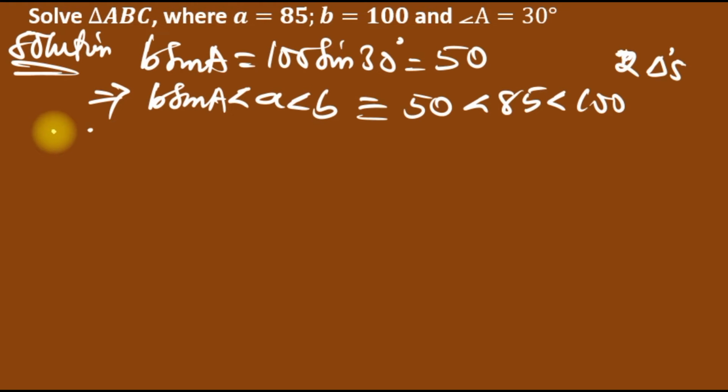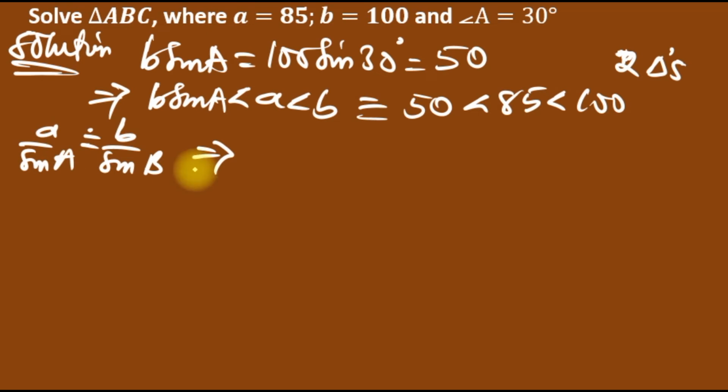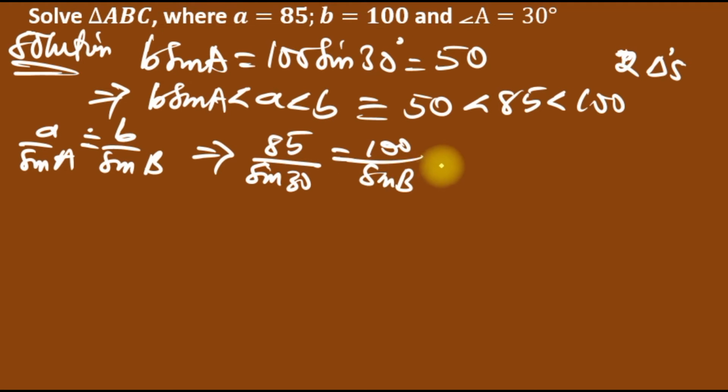Remember sine rule, a over sine A must be equal to b over sine B. Which implies that 85 over sine 30 must be equal to 100 over sine B.